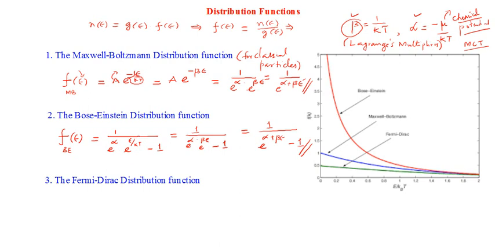And similarly, the Fermi-Dirac distribution function is given by, remember we are not deriving these equations; they can be derived by some lengthy steps using Lagrange's undetermined multiplier technique.